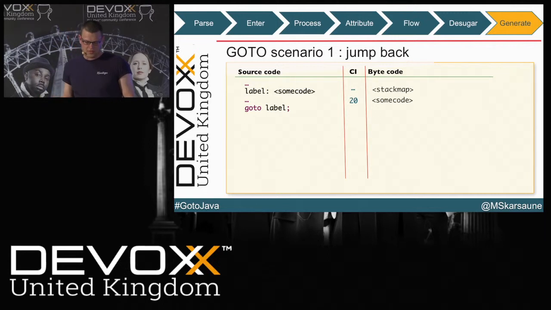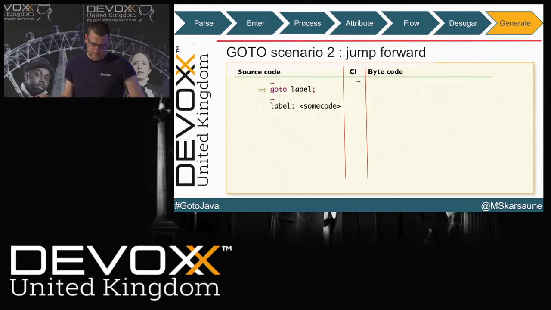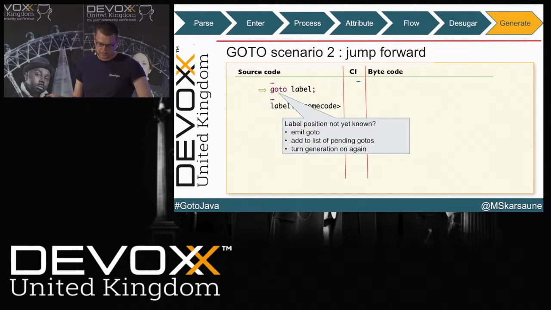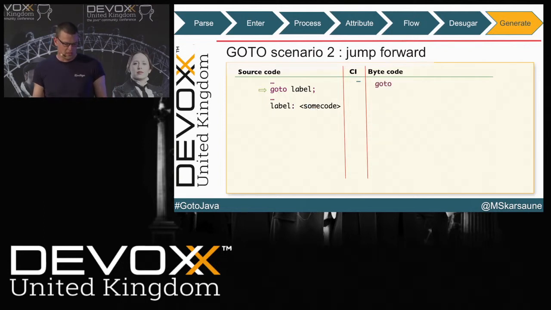Then we know the position of the code. And when we later come to the goto, we can patch it immediately because we know the location. And in the other case, if we're jumping to a label that we don't know the location of yet, we must emit a goto, add it to the list of pending, and turn generation on again.